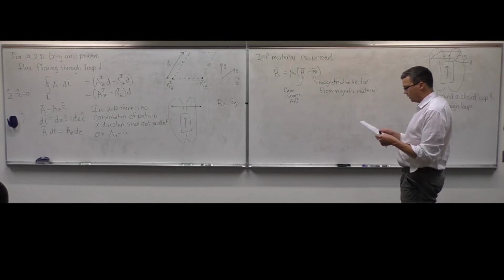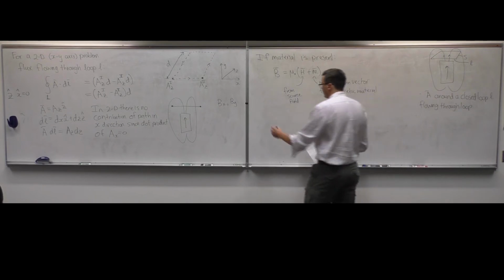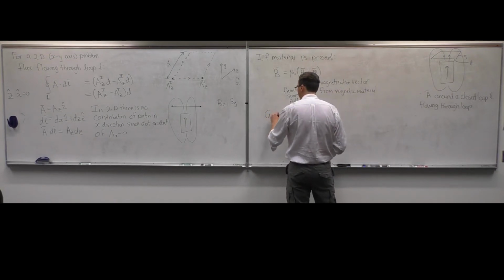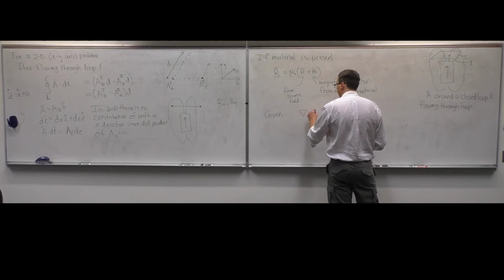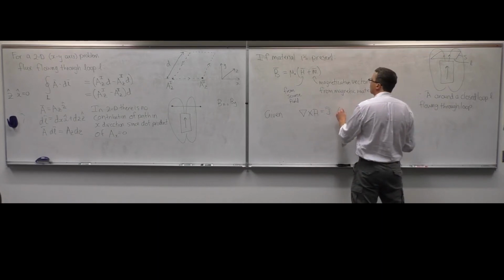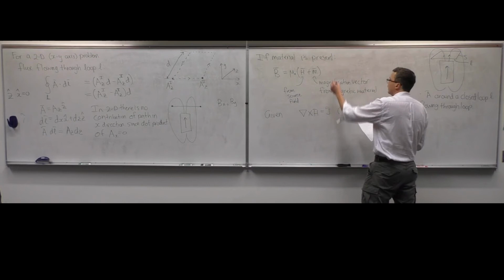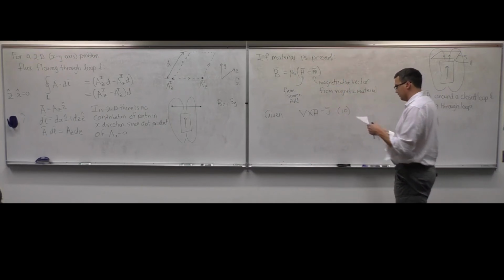So if we look back at equation 10, for magnetostatics we have del cross H is equal to J. That was 10, and this is 15, right?